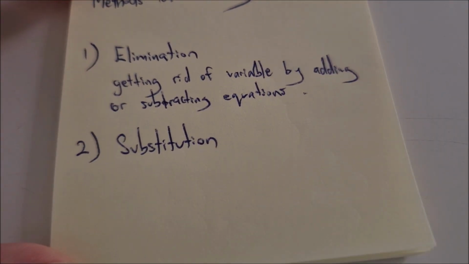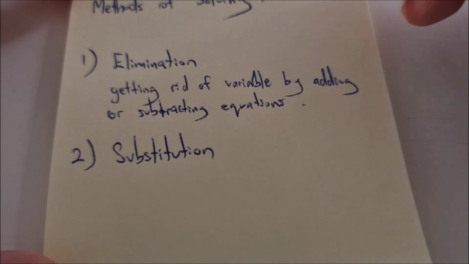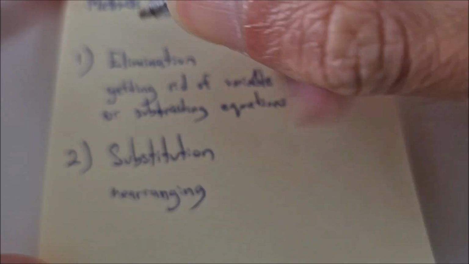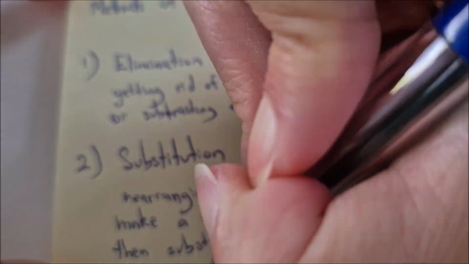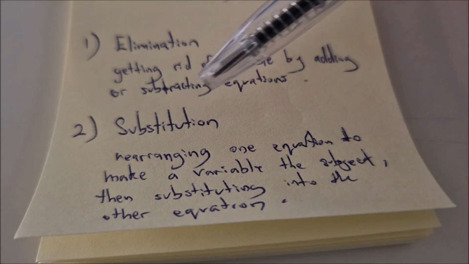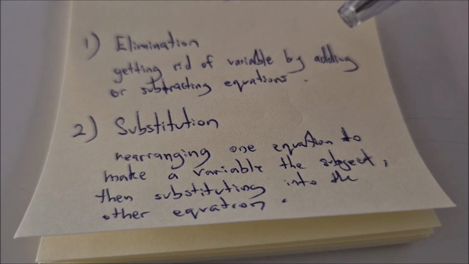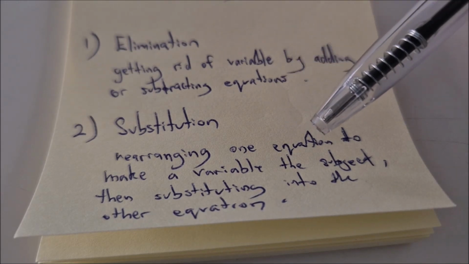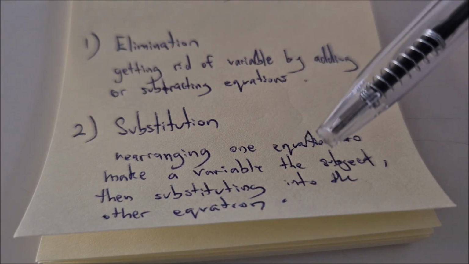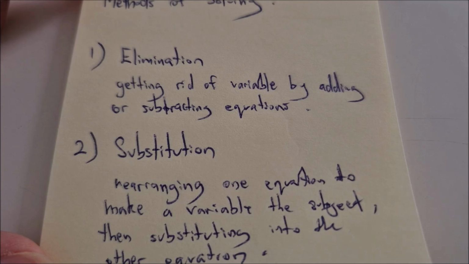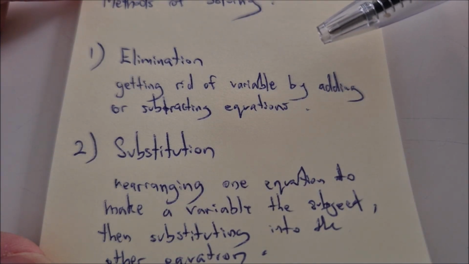The second one is substitution, which is simply rearranging one equation to make a variable the subject, and then substituting that variable into the other equation. So next, we'll show you how to do both of these methods.